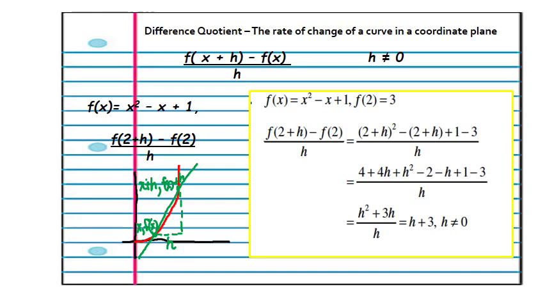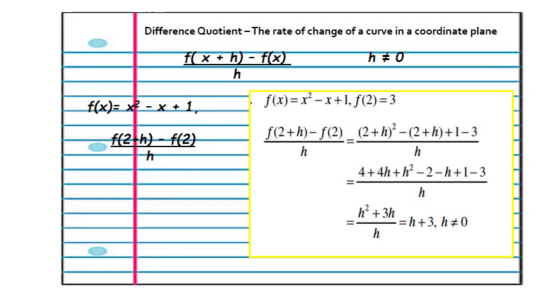So therefore the difference here is going to leave us with the difference of the y's, which is f of x plus h minus f of x, over the change of the x's, which is going to be x plus h minus the x. And noticing that these cancel out, it's going to give you the h, your basic difference quotient.